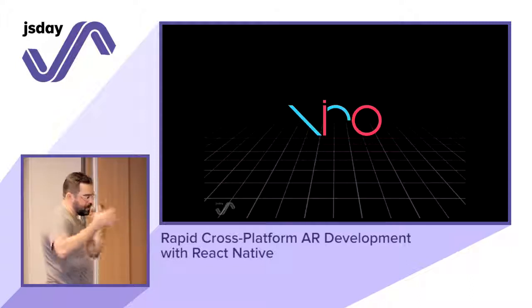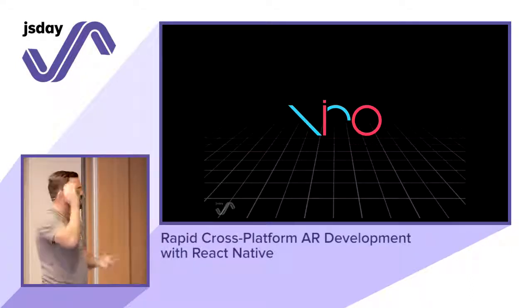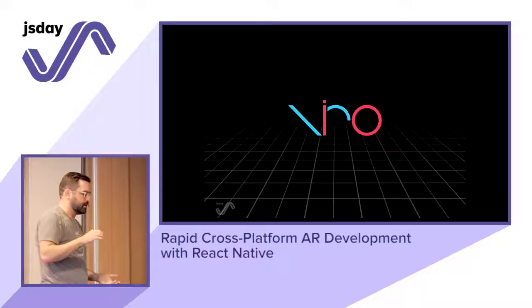There are still many more components than what we looked at today that Viro has available. They can account for pretty much anything that you can think of when it comes to AR and VR.